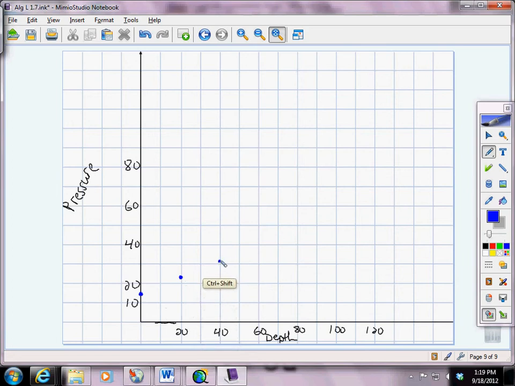Here's 30, 32.5 will be there. 60 is 41.4. So somewhere around there. 80 is 50.3. 100 is 59.2. And 120 is 68.1.